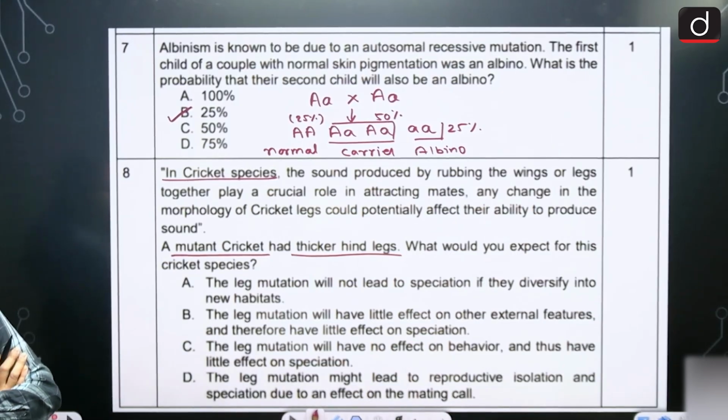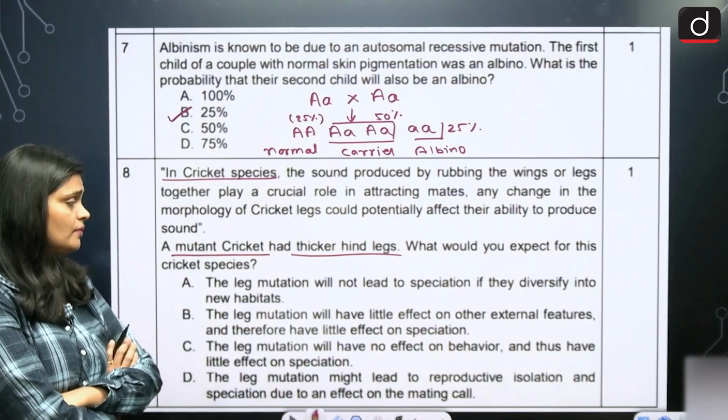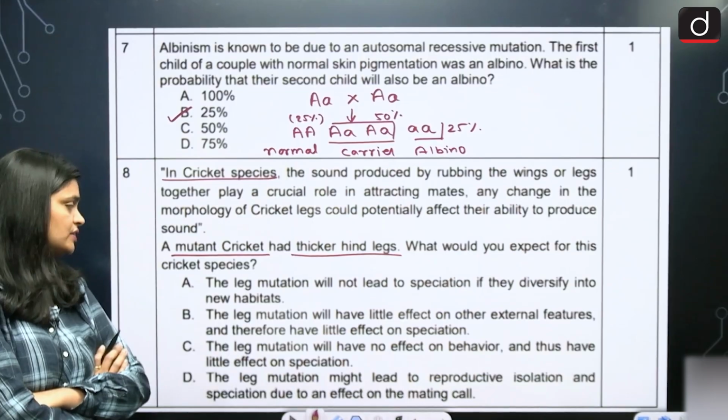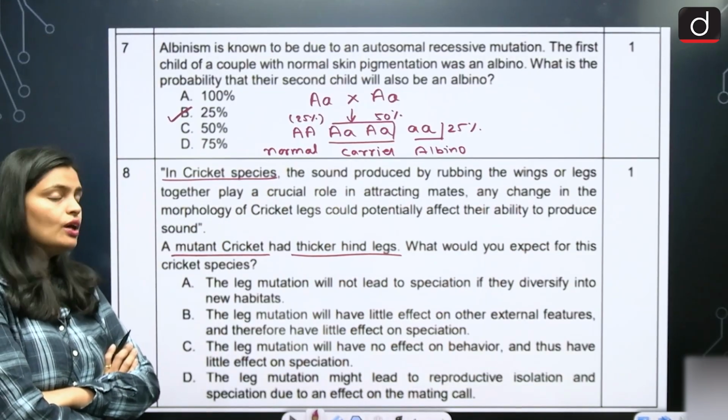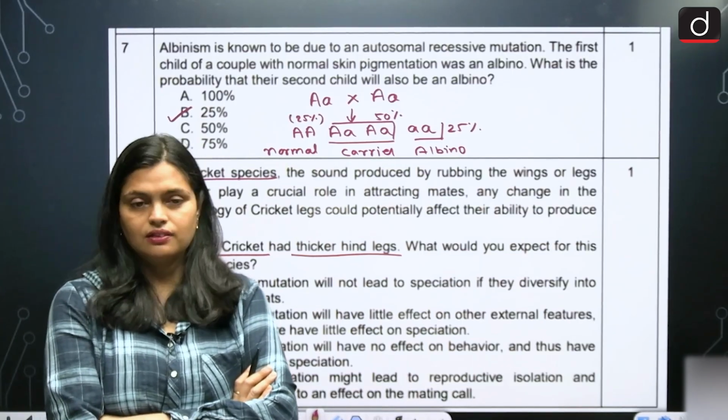See, what would you expect? The leg mutation will not lead to speciation if they diversify into new habitat. Okay, let me explain the concept, then we'll read the options.